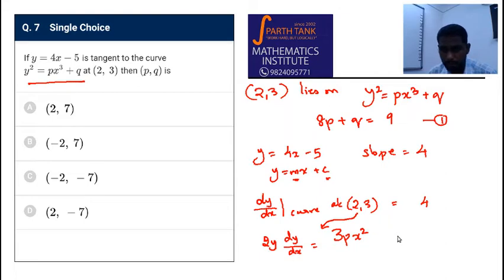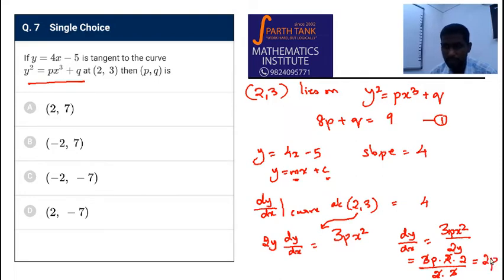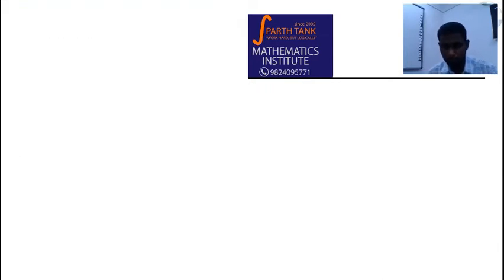So what do I get? dy by dx is equal to 3px squared upon 2y, and 3px squared is 3p into 2 squared, and 2y is 2 into 3. So this cancels and we have 2p. So the slope is 2p and we know that that slope should be equal to 4. Therefore 2p should be equal to 4 and p should be 2.